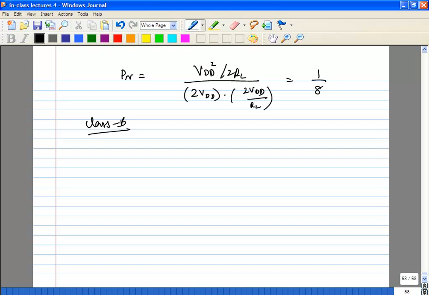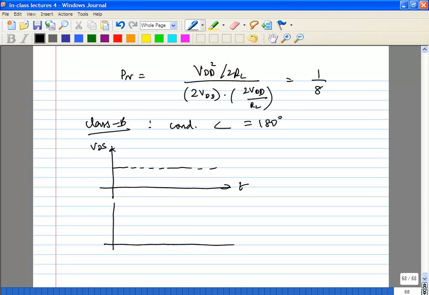Now similarly, you have a class B amplifier. Conduction angle is 180 degrees. So let's say we again plot VDS and ID as a function of time.